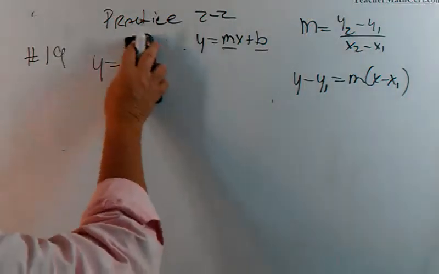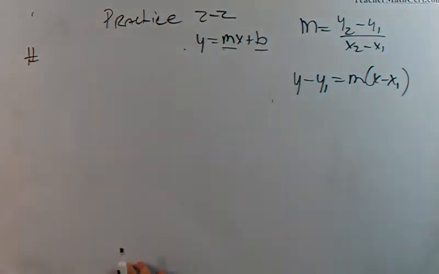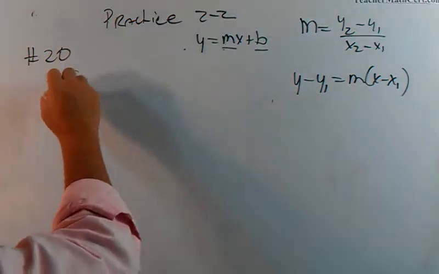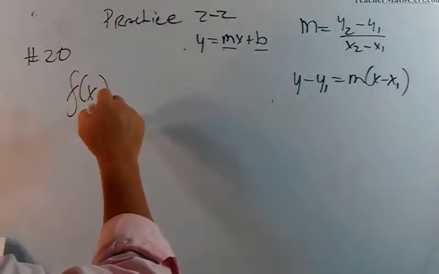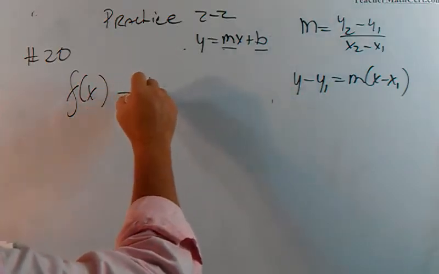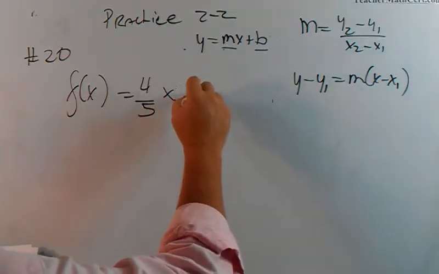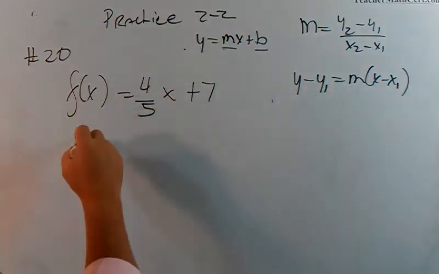All right. So, number 20. So we've got f of x or y is equal to 4/5 x plus 7. This is the same thing as y.